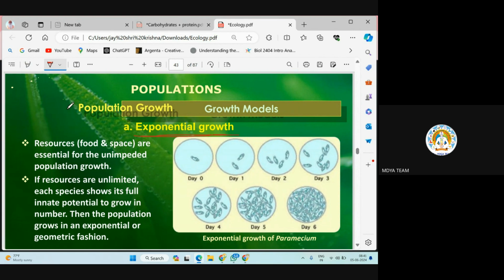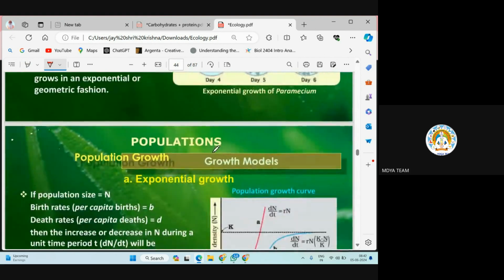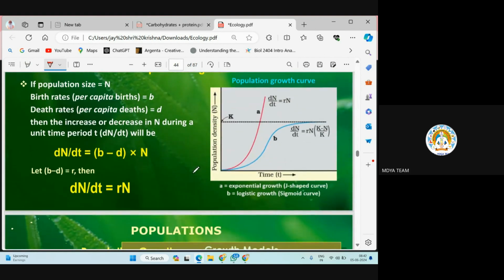Exponential growth means one population or one individual, like one bacteria is this. So one bacteria will be divided into two bacteria. These two bacteria will be divided into four bacteria, four divided into eight, eight divided into 16, 16 divided into 32, 32 divided into 64, and that will go like this. So with time, the population will increase like this.